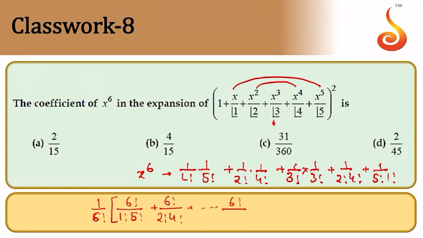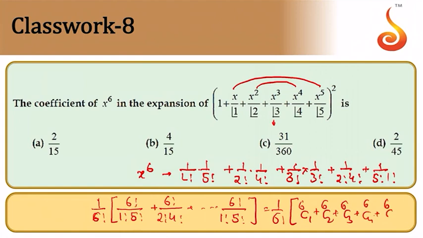factorial. So we get 6 factorial by 1 factorial into 5 factorial plus 6 factorial by 2 factorial and 4 factorial and so on. Last one will be again 6 factorial by 1 factorial and 5 factorial. This can again be written as 1 by 6 factorial, this is 6c1 plus 6c2 plus 6c3 plus 6c4 plus 6c5.